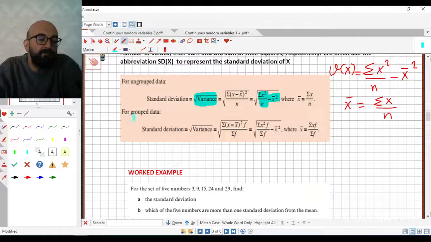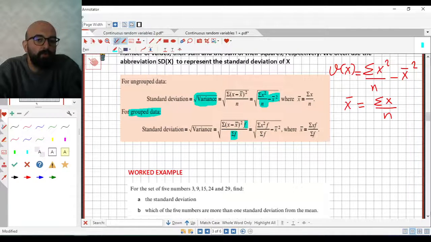If you have group data, your data has frequencies, so you should multiply all numbers by frequency, and divide by the sum of the frequencies.